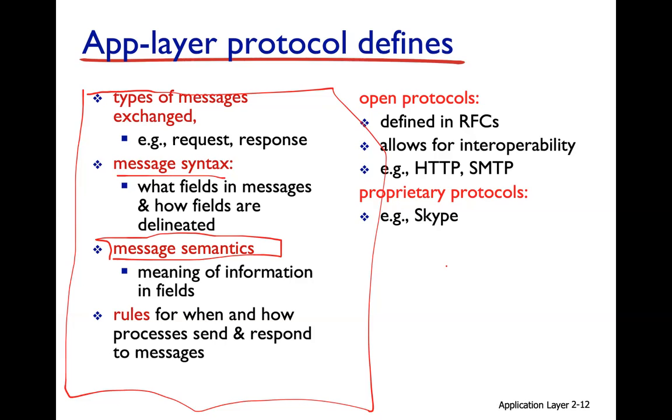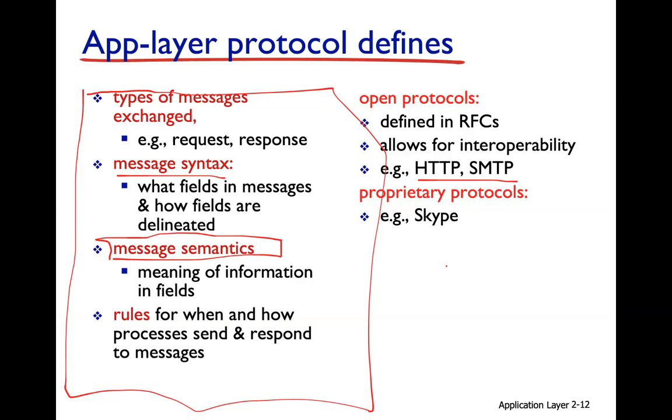They will separate. But we have certain protocols, defined in RFCs, so that you can do interoperation. Like HTTP, SMTP. If you build a web browser or web server, or you want to build a mail server, you should follow the protocols.